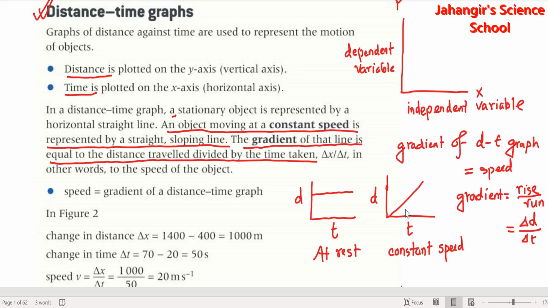So remember, speed equals the gradient of the distance time graph, and we calculate this gradient as rise by run, that is, change in distance by change in time.